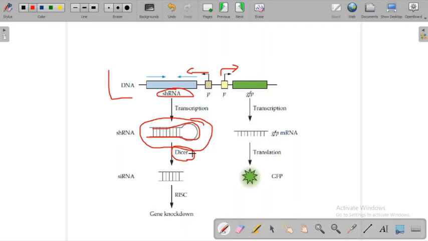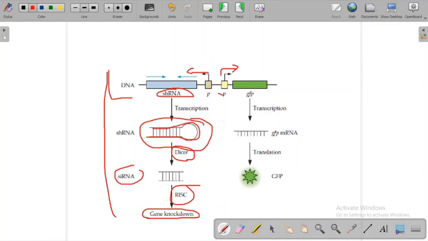So that's why Dicer is naturally present, and Dicer cleaves these into siRNA, and another enzyme comes up, that is the RISC molecule, which silences or cuts down these double-stranded siRNAs, preventing translation, and this is called gene knockdown. At the same time, how do we confirm whether this is happening or not?